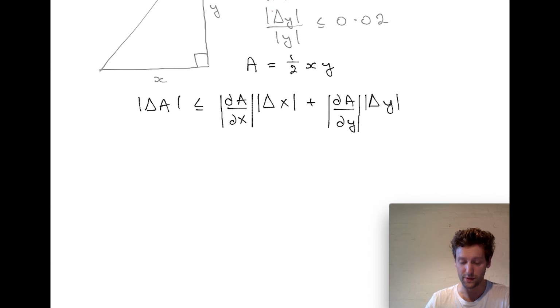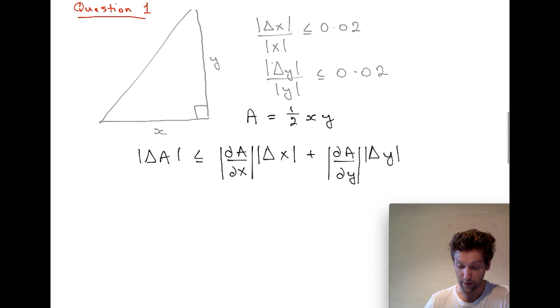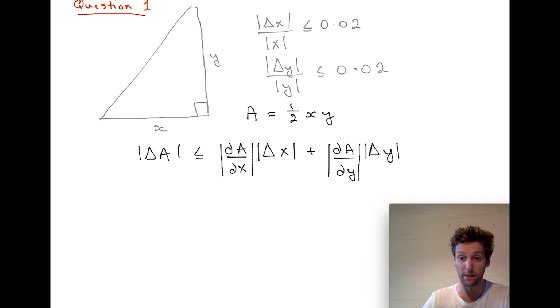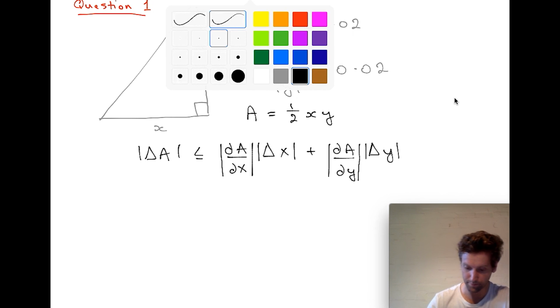So again, you notice that we're using the maximum possible error expression here. So it's got a less than or equal sign, and everything has absolute value symbols on it to indicate that all of the errors have to combine to give us the maximum possible error. So let's see what dA/dx is and dA/dy is and substitute those expressions into this formula.